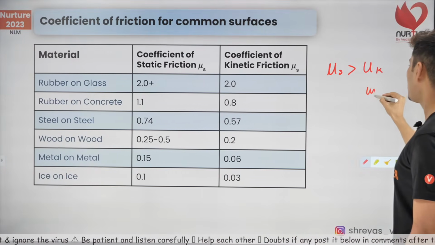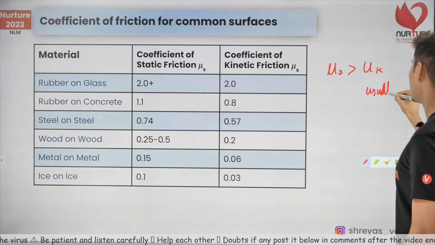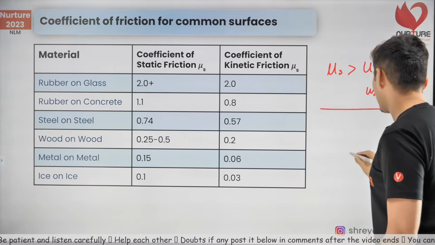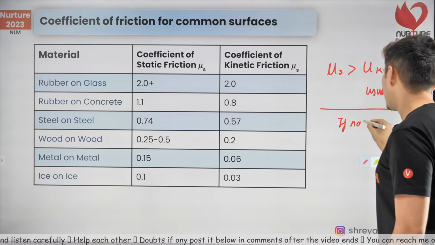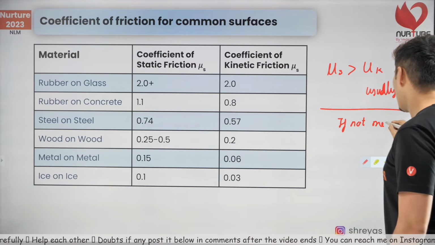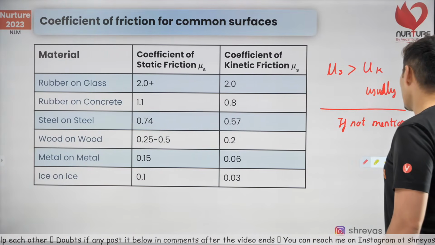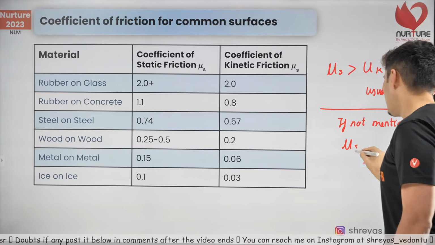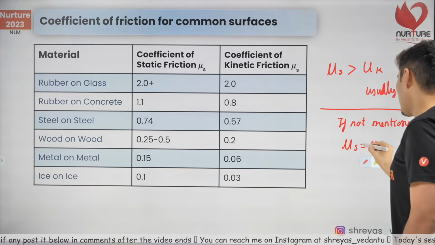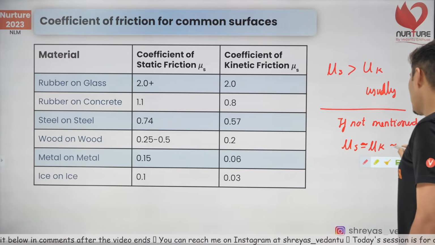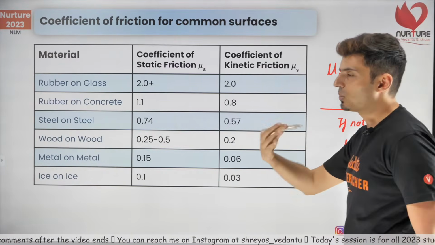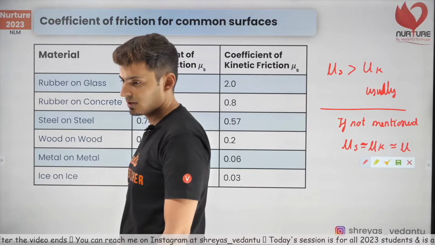But if it is not mentioned specially, then you can approximately take μs equal to μk equal to μ. So that's what you will take for most of the problems.